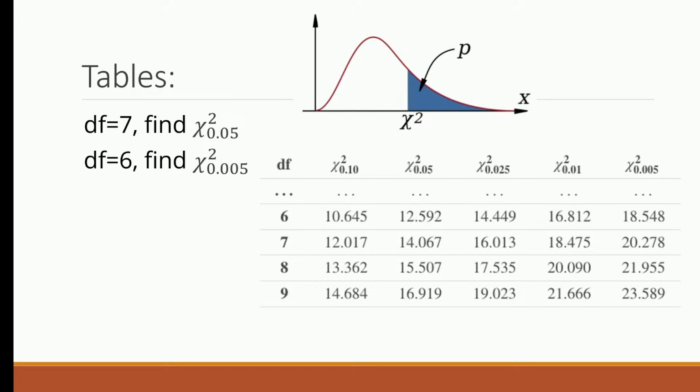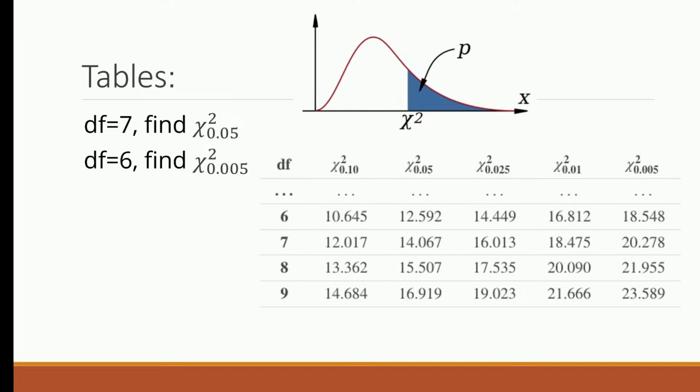And if it's smaller, it means you're back here in normal land, like, well, it's not very exciting. So you have to have something that's really different from what you would expect in order to actually reject the null hypothesis.